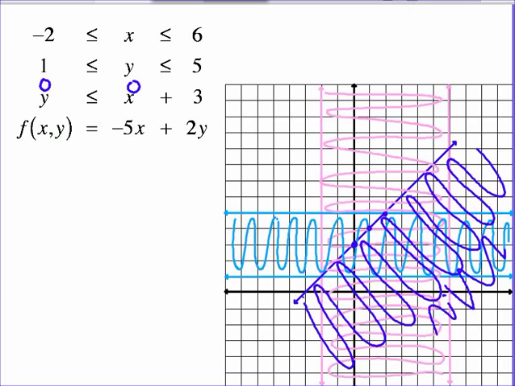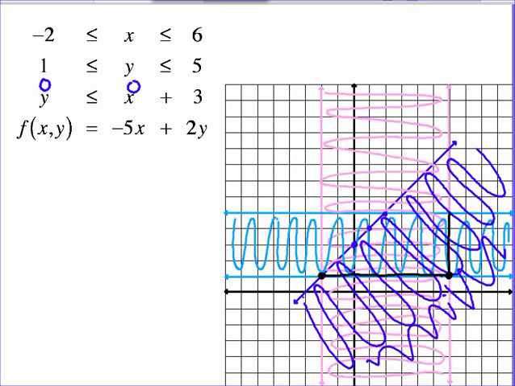Okay. So what type of shape do I have for my region? Is it a trapezoid? Okay, so here's one boundary right here. Oh, there's a triangle. I go all the way over to here, here's another boundary.